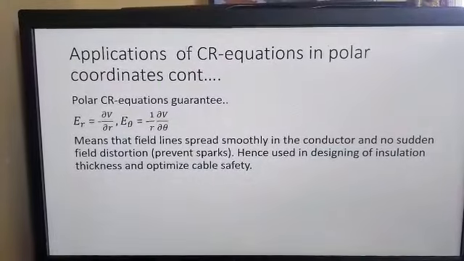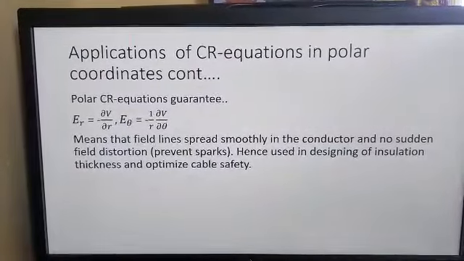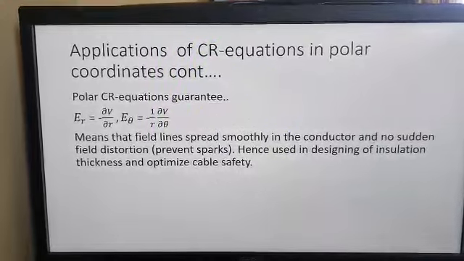This prevents sparks, hence it is used in designing insulation thickness and optimizing cable safety.